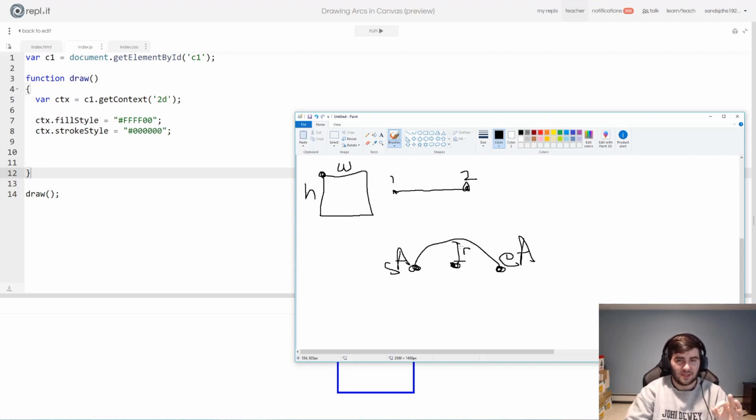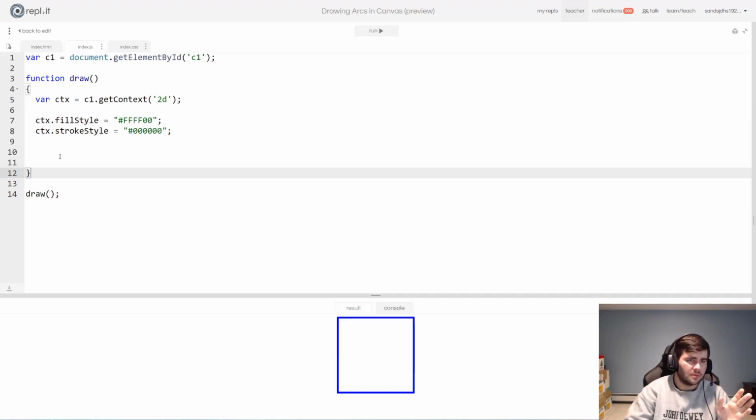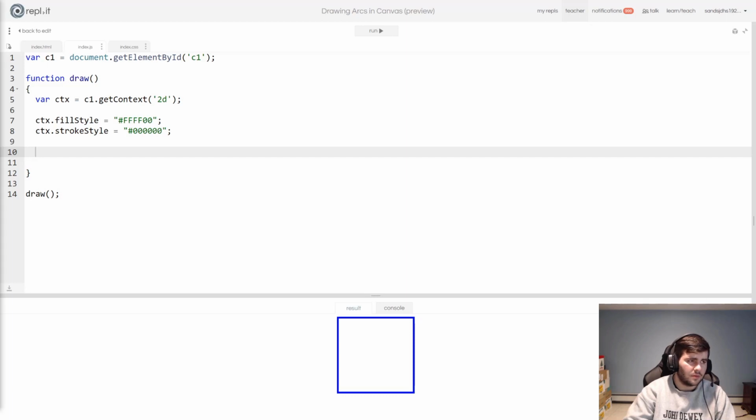The part of this that'll be a little tricky is that we do angles in Canvas in radians. All right, so let's just jump right into that real quick.